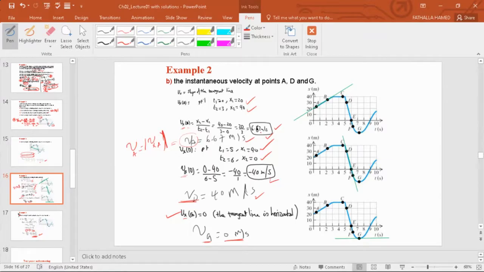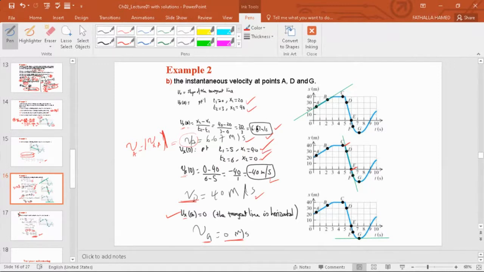Then they're asking me to do that at point D. Now at point D, I will draw a line which is tangent, so it will pass through D. It's a lot easier for me to use this point and this point here. So at t equal to 5, my x is equal to 40.